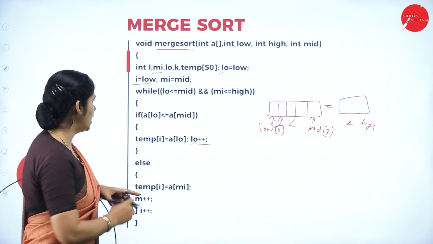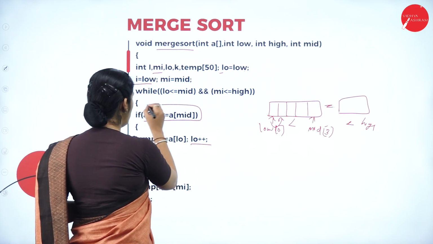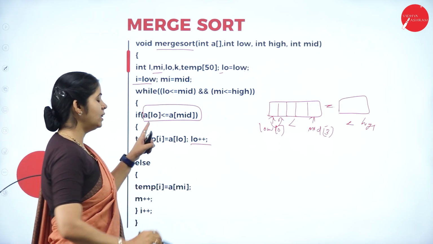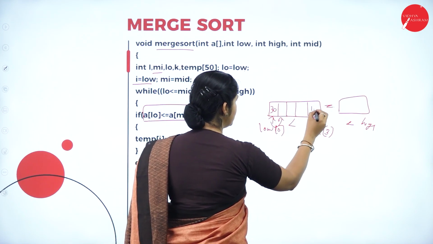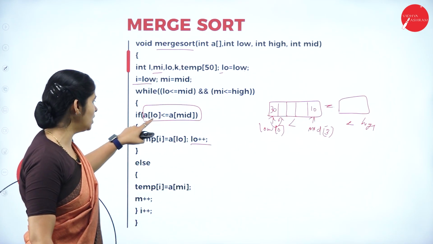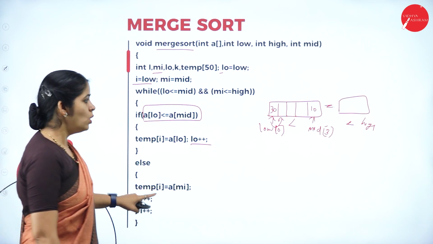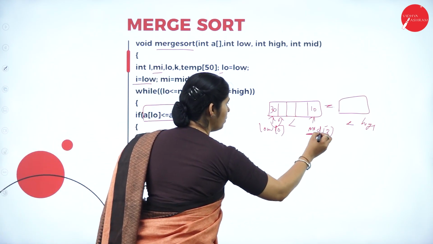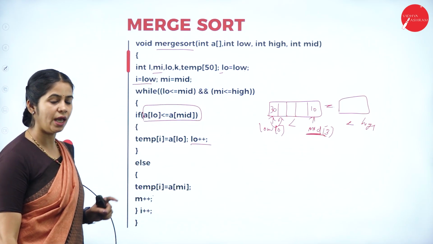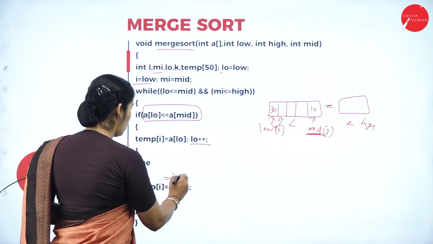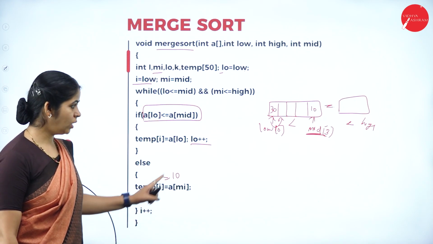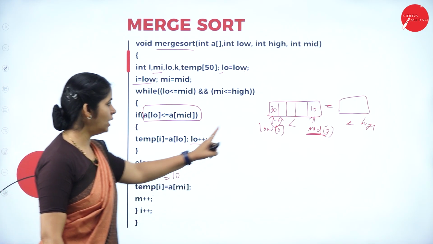Else, if this condition is not true, say the element at A of low is 30 and this is 10, then we transfer the element at A of mid into the temporary variable called temp. So 10 is transferred in this case.